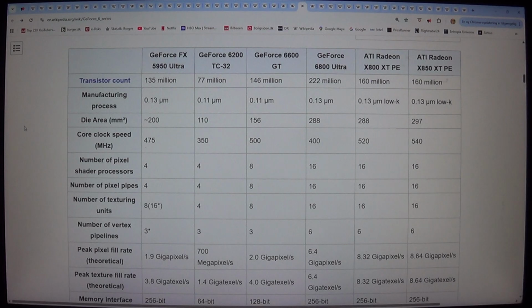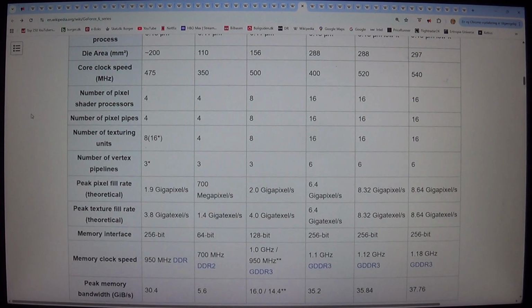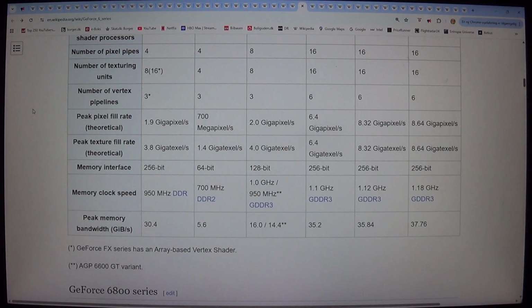Die area, square millimeters: approximately 200, 110, 156, 288, 288, 297. Core clock speed, megahertz: 475, 350, 500, 400, 520, 540.